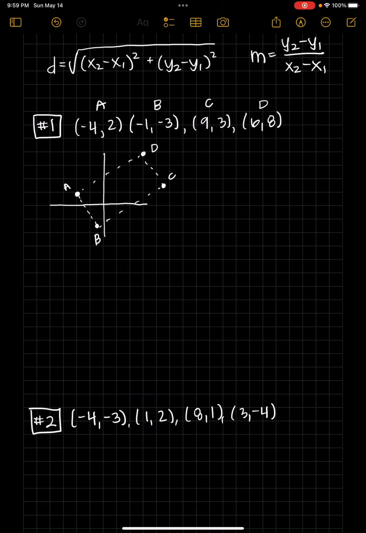It kind of looks like a rectangle, but let's double check that. The way we're going to double check is by finding the lengths of all of these sides to compare them. So I'm going to start with side AB.